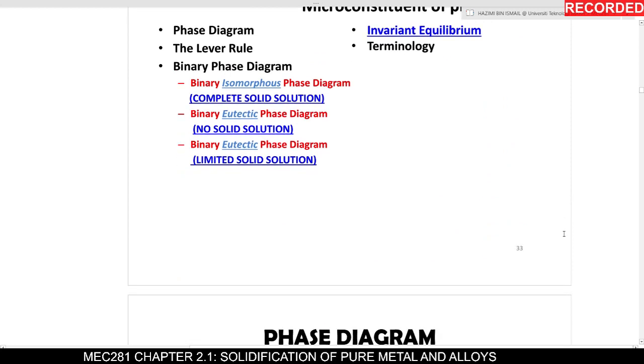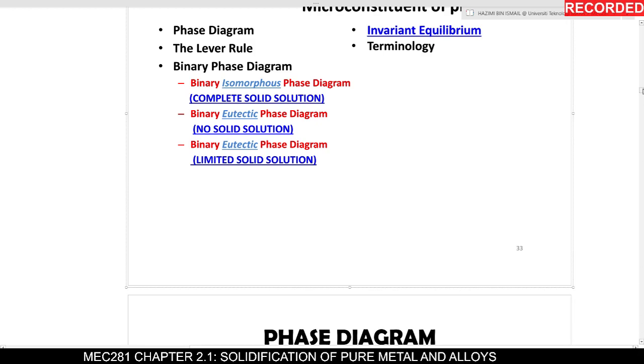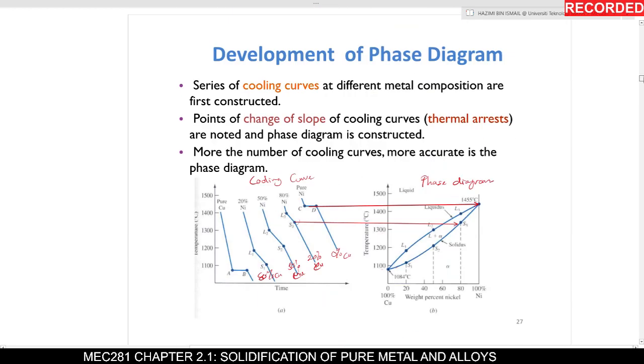And then hari Jumaat ni, next Friday, on 7th of May, we are going to have the quiz one that cover all the chapter 1. Okay, it's only on the multiple choice question, and just 13 question if I'm not mistaken, and the time duration given for you is only 50 minutes.